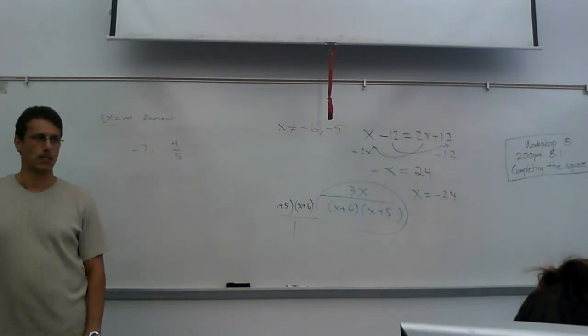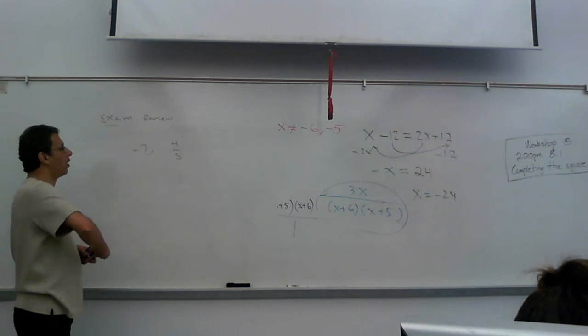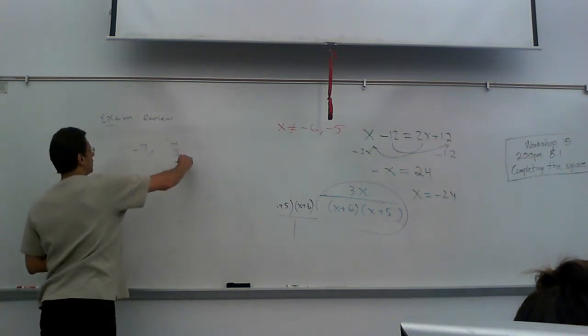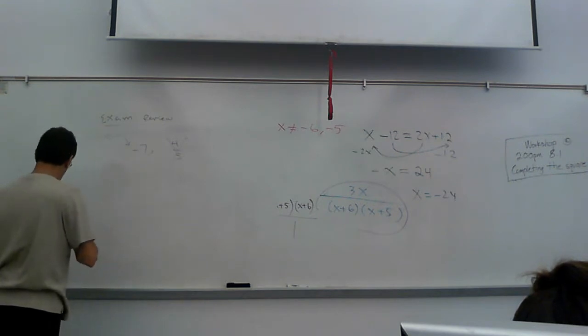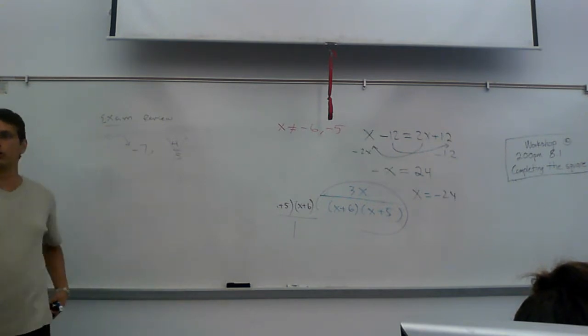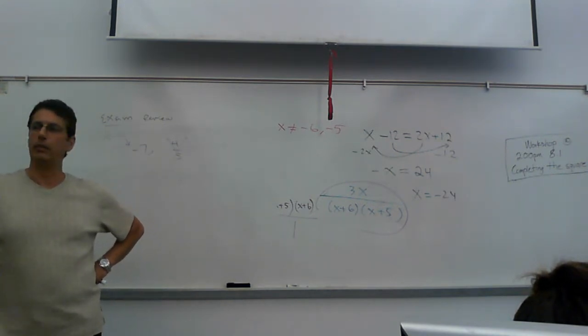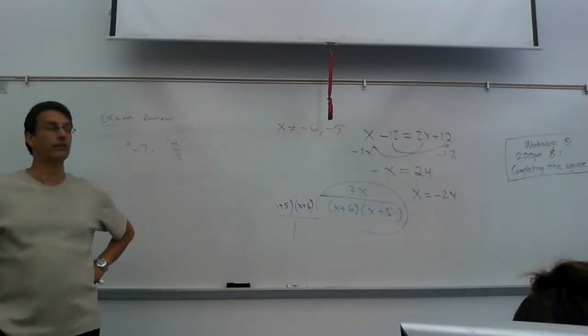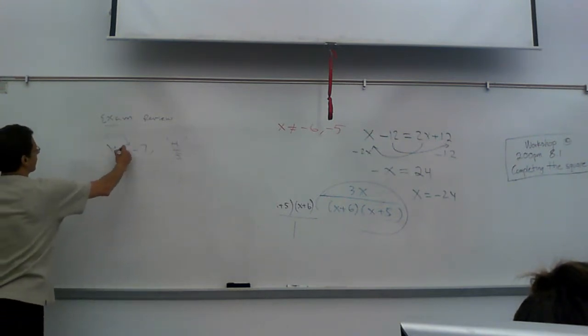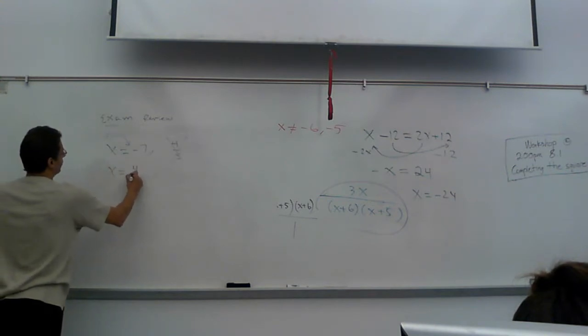Now, do you see why we crossed this out? You solved for x and ended up with two answers. Do you see why we cross out 4/5? Anybody? The question had two answers, and one of them was x equals negative 7 and x equals 4/5.